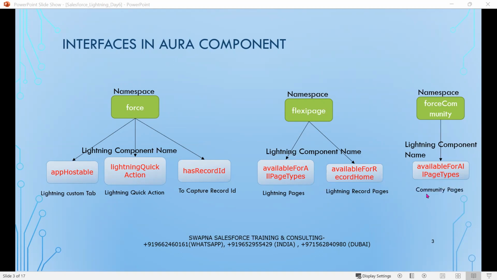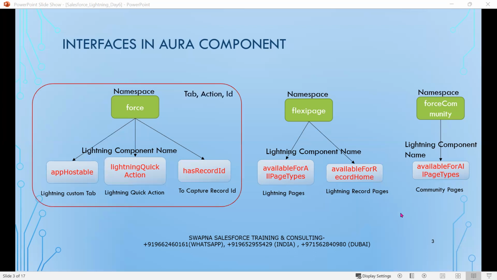The next one is community pages, because this available for all page types we are using in the namespace called Force Community. So other than the Salesforce, we have communities. In the communities, if we wanted to place a Lightning component in the community page, we will use force colon community colon available for all page type.